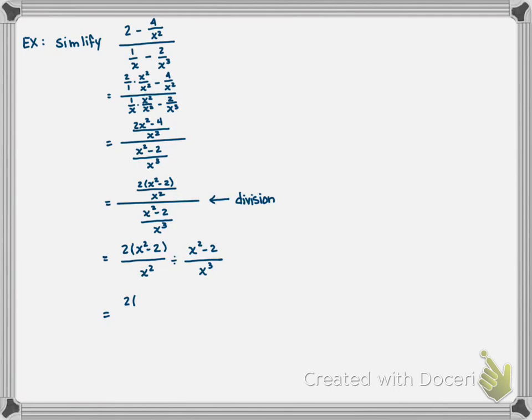So we have 2 times x squared minus 2 over x squared. And then to change that to multiplication, we take the reciprocal. And remember, if there's addition or subtraction, that goes in parentheses. Oops, I'm sorry, that's a 3.